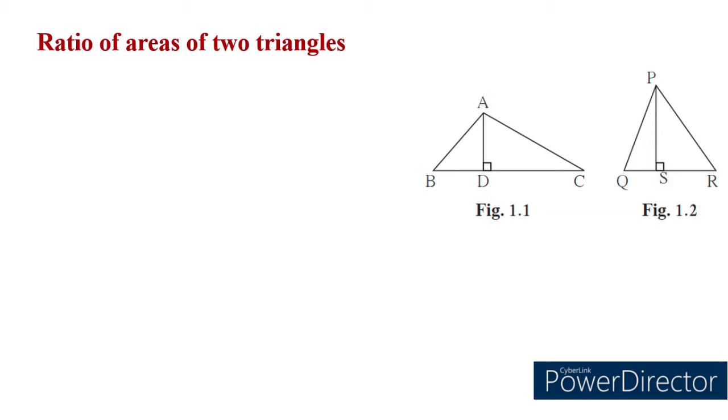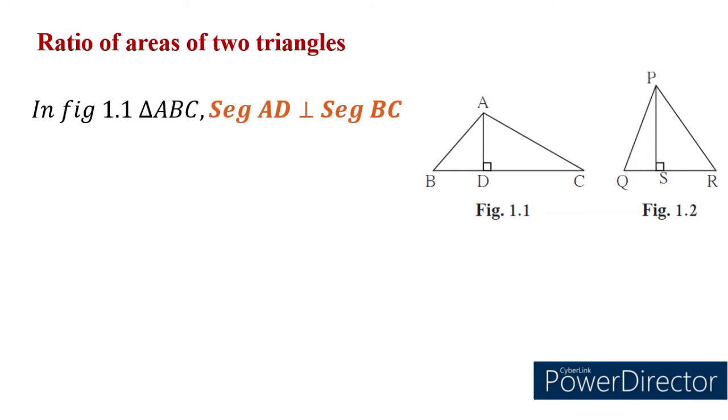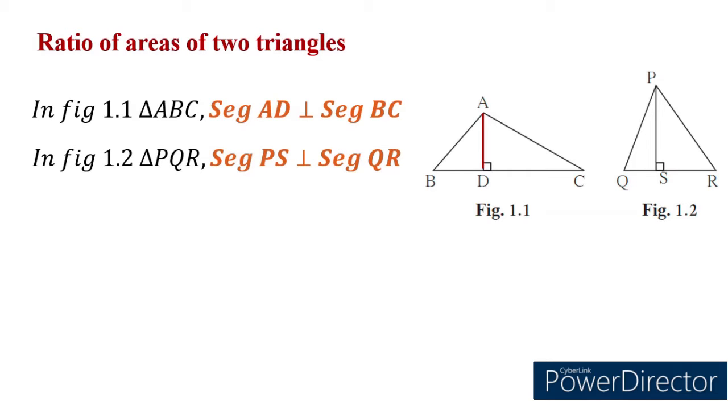Let's assume figure 1.1 is triangle ABC and figure 1.2 is triangle PQR. In figure 1.1, triangle ABC, the segment AD is perpendicular to segment BC. In figure 1.2, the segment PS is perpendicular to segment QR.